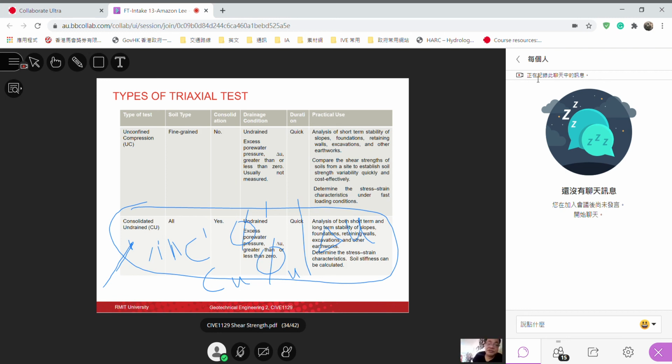But usually in a site, you have to do at least something like 10, 20 tests. So on average, they're charging you around $5,000 per test. So you can figure out the cost of the triaxial test.